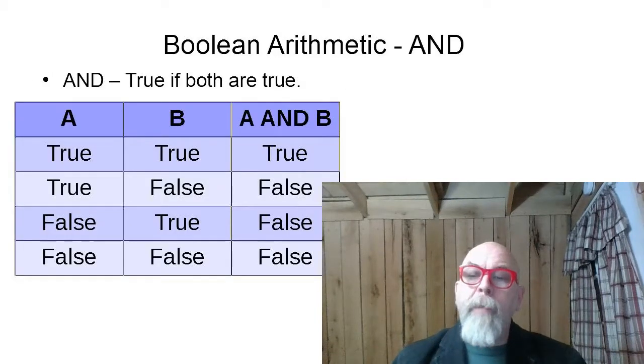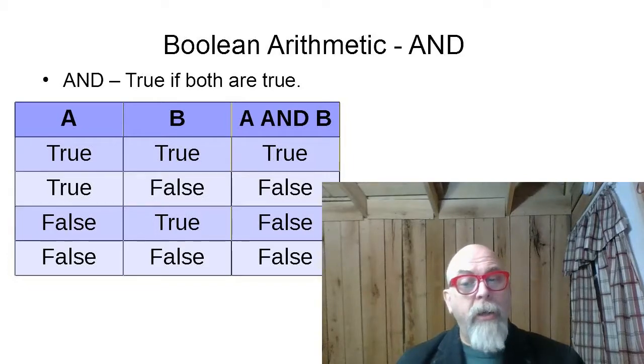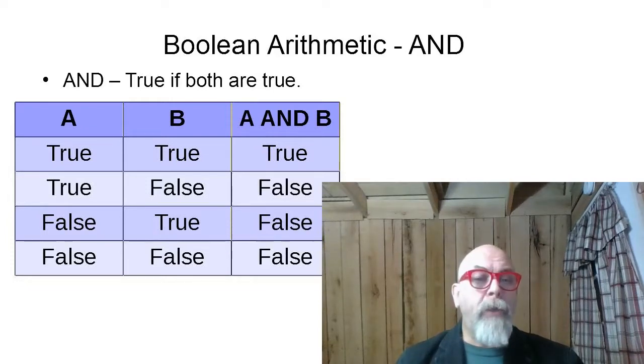The first Boolean operator I want to talk about is the and operator. The and operator takes two values, A and B in the example you see here, and returns true if both values are true. It returns false if either value is false or if both values are false. The table you see there on the slide is what we call a truth table.